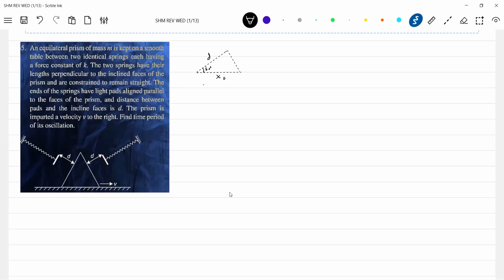This length we have to know. You read the question, I'll set the diagram. For this point to be in contact, it has to cover a distance. Let me assume a point P on the prism. This is what I just extended here.